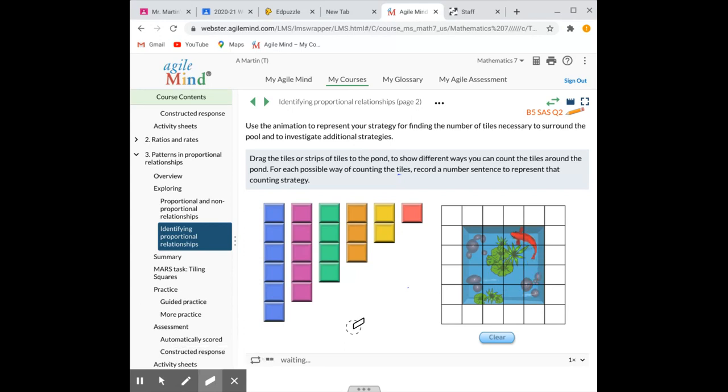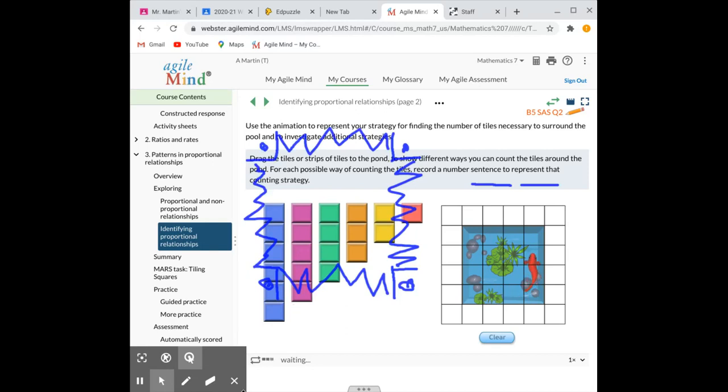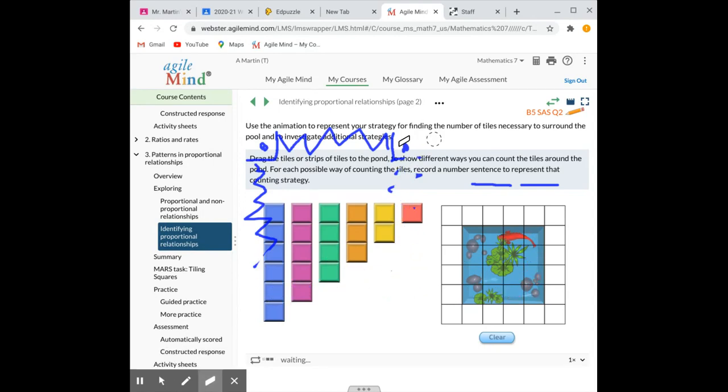So what do y'all want me to go with? How many? Y'all want me to use this or this? Just name the color. Blue. Okay, for the sides, go with blue. All right, so we're going to use the blue one. And am I going to use that at the top or the sides? Sides.